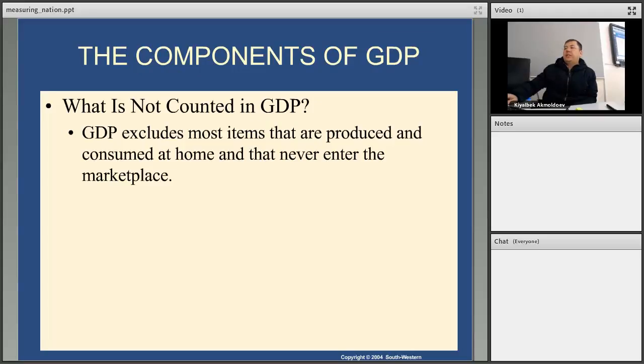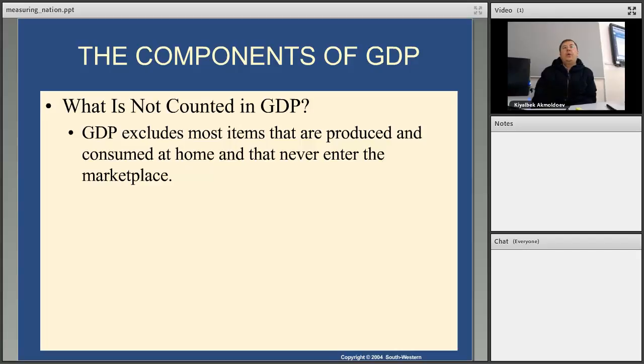What does not count, as we have mentioned, GDP excludes most items that are produced and consumed at home and that never enter the marketplace. For example, at home, I grow, let's say, tomatoes, potatoes, and let's say I have sheep, I have a farm, I have chickens, and I get the eggs from them, and I don't go to the market, so I don't buy goods and services.